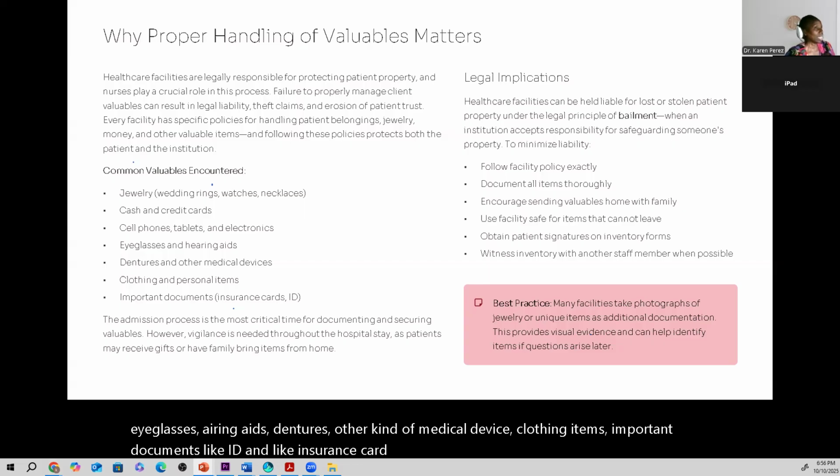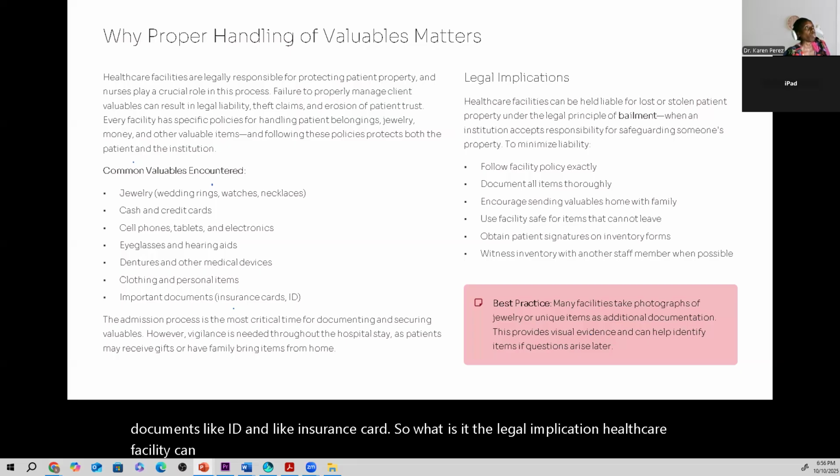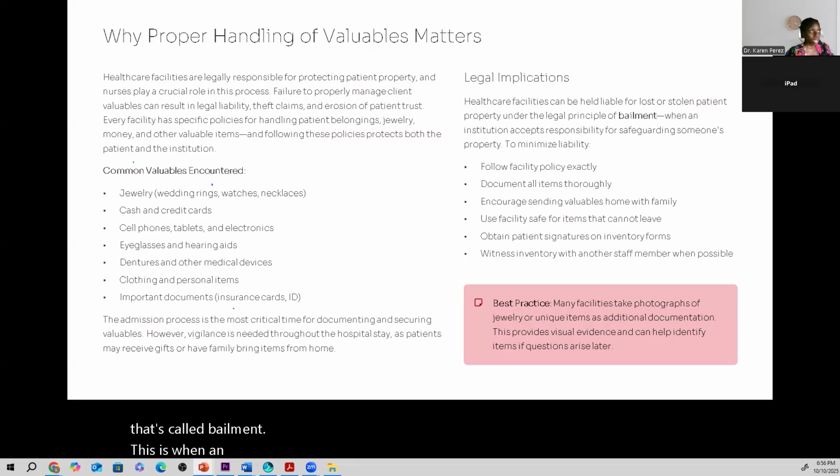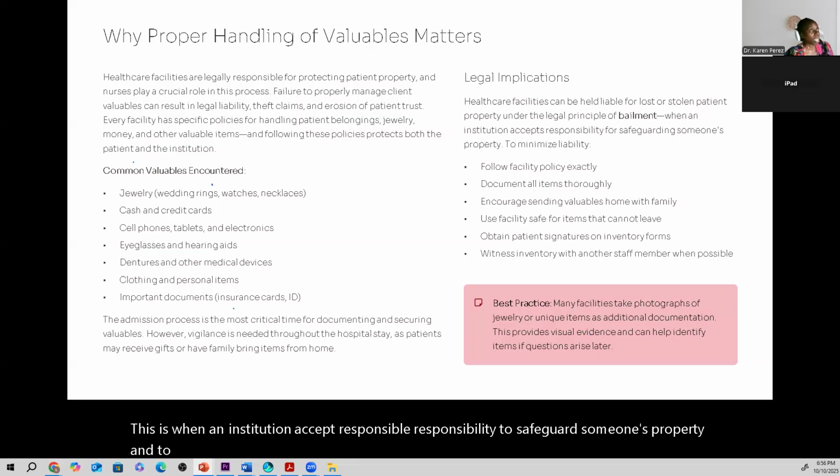So what is the legal implication? A healthcare facility can be held liable for lost or stolen patient property under a legal principle called bailment. This is when an institution accepts responsibility to safeguard someone's property and to minimize any kind of liability.